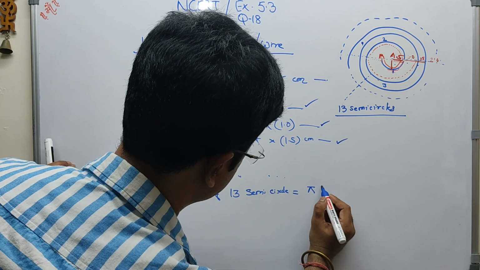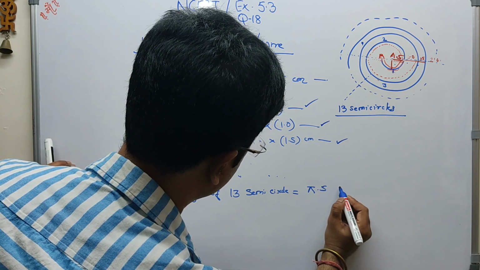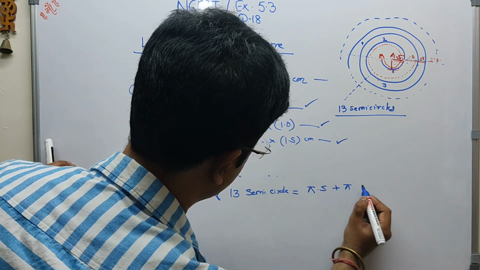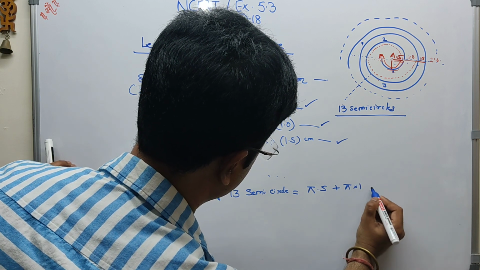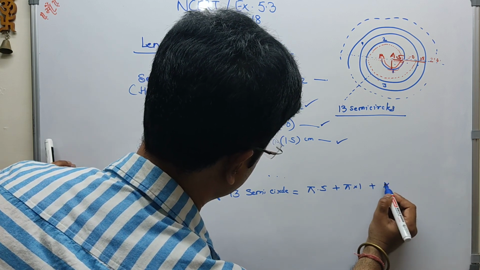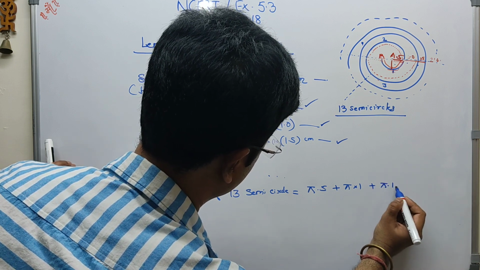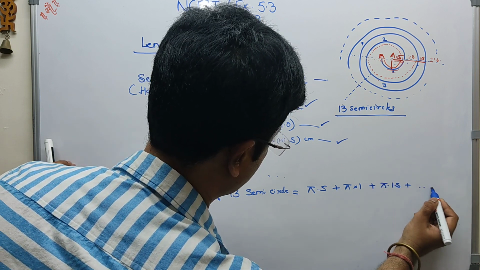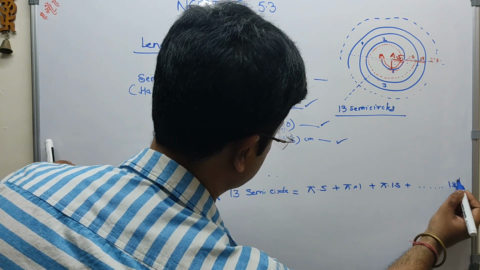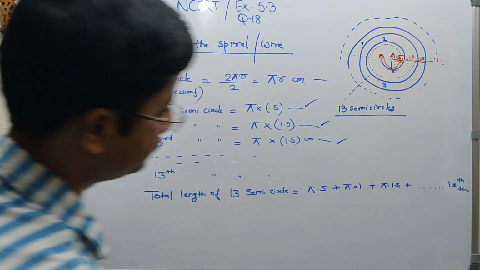Pi into 0.5 plus pi into 1 plus pi into 1.5 plus so on till the 13th term.